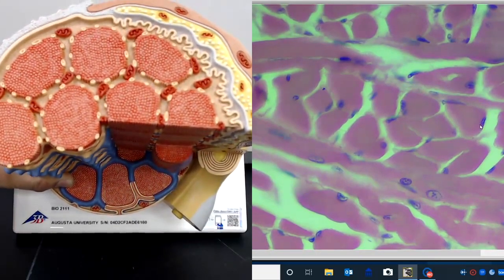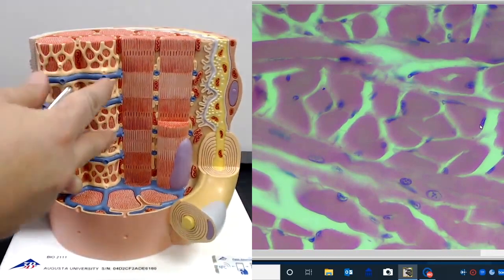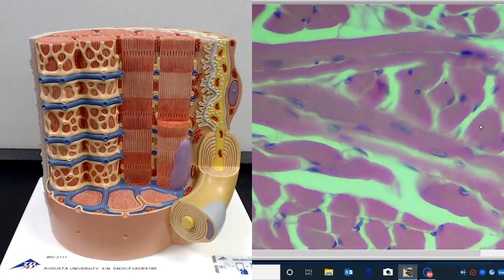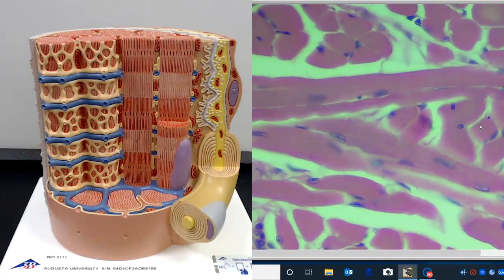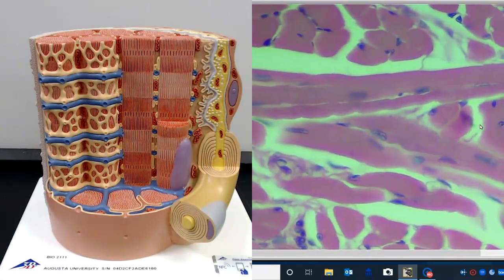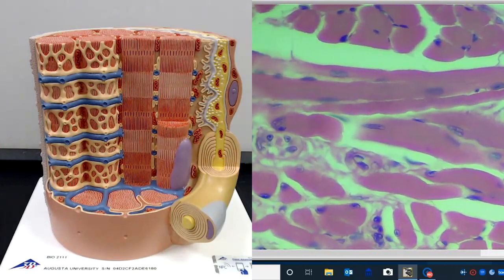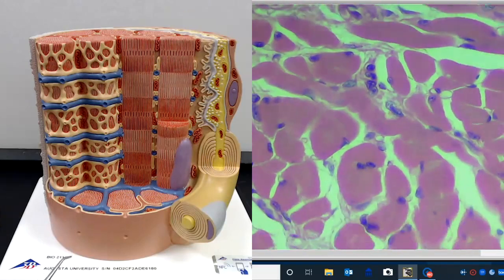So if we go back to a longitudinal view of our model, and I'm going to move the slide slightly to the right, we can see this longitudinal muscle tissue running from left to right on our slide. Skeletal muscle tissue is multinucleate and striated.